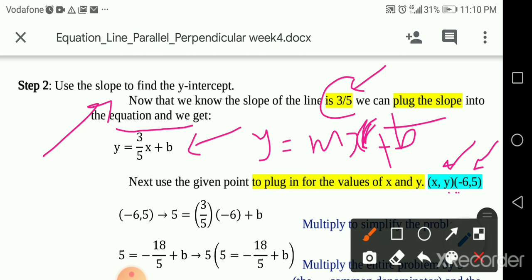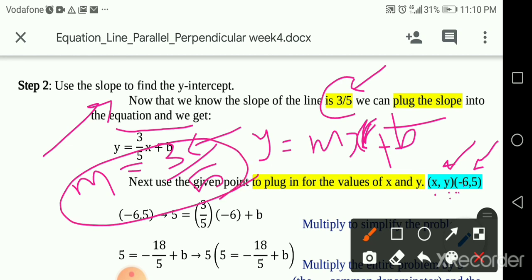So we substitute these two coordinates for x and y, and we have m, which is 3/5. Solve this. It's very easy now.